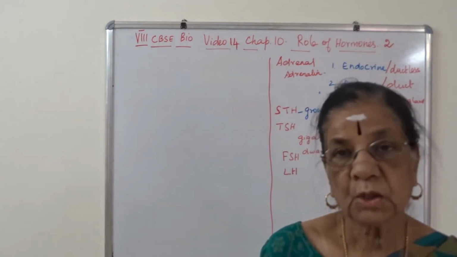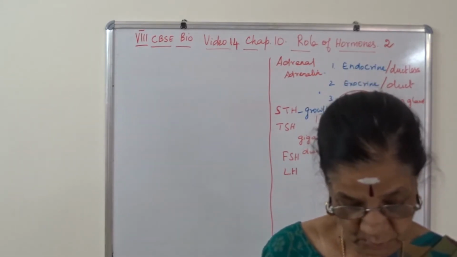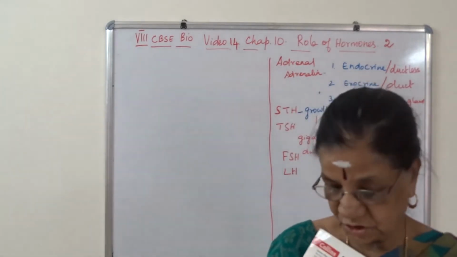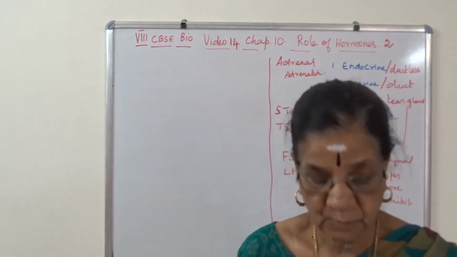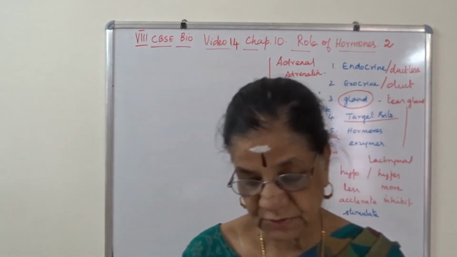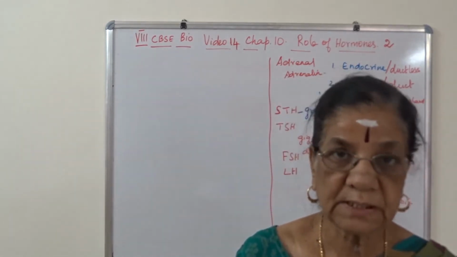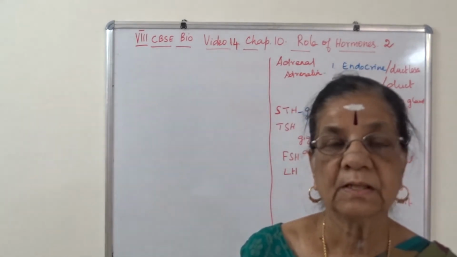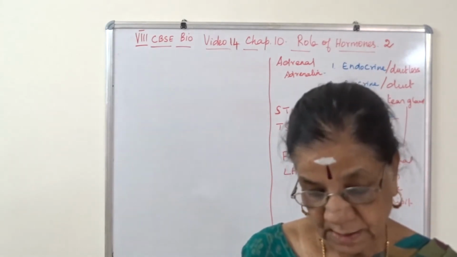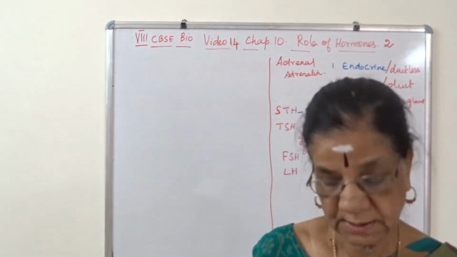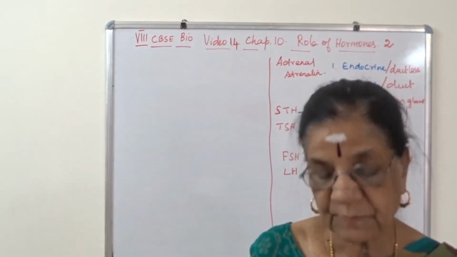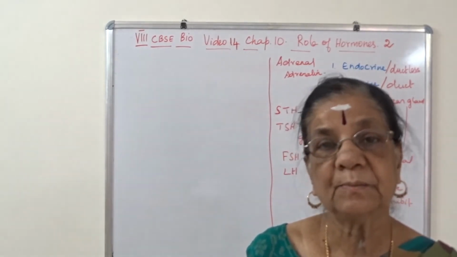So it is also called the fight or flight hormone, and also the stress hormone, as I said just now. It is secreted when the body faces a situation of excitement, fear or stress, because it regulates heartbeat, breathing rate and blood pressure.